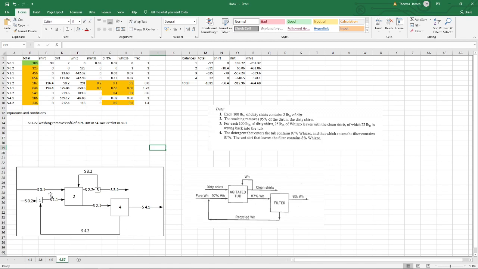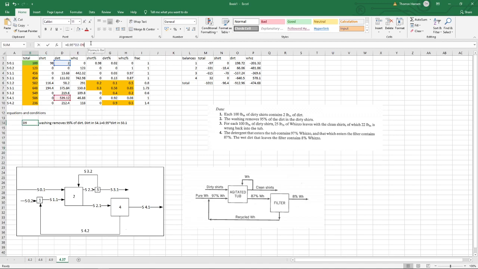So that was my initial thought, that I needed to add those up, and it was 95% of that. But the statement from the assignment is that the washing removes 95% of the dirt in the dirty shirts. So that's why I say it must be 95% of the dirt that enters with the new dirty shirts.